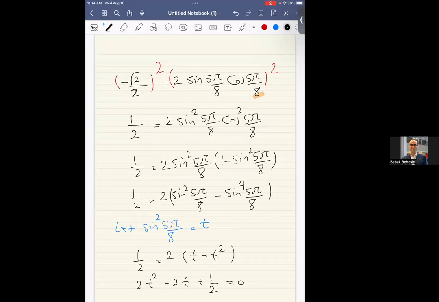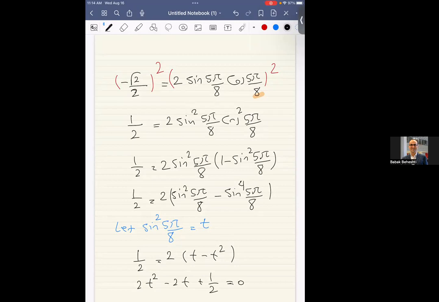So you can solve this equation for t. And once you have t, you can find sine square of 5 pi over 8. The only thing that you have to be careful about is you have to know whether sine of 5 pi over 8 is positive or negative.